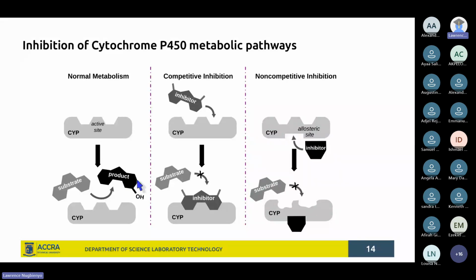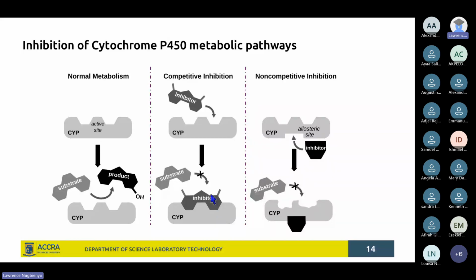And now you do remember we talked about competitive inhibition, where you have a substrate, and then another compound which is, say, a structural analog of the substrate and competes for the active site. So the substrate is there, but the inhibitor comes to bind onto the cytochrome P450 enzyme and prevents the enzyme from binding to the substrate.